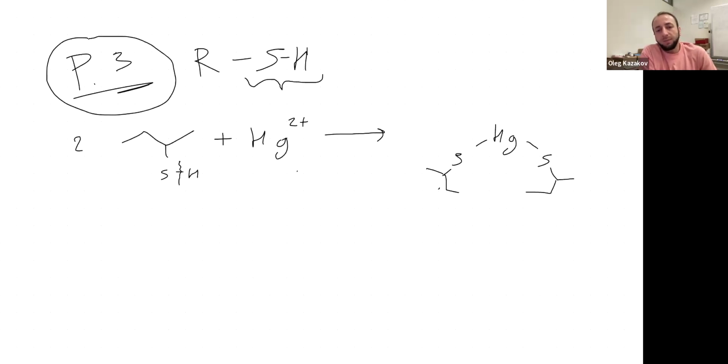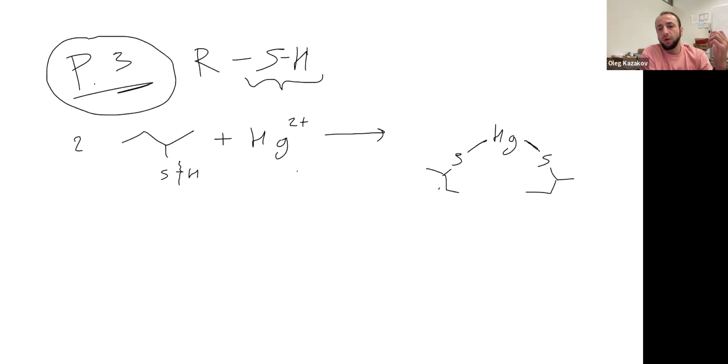We're going to have the bond between the Hg, which will be able to produce two bonds, and each sulfur atom will be able to produce one bond. So sulfur will provide one bond and one bond. Hg will provide one bond to connect to one sulfur atom and another bond to connect to another sulfur atom. So this is going to be our product.